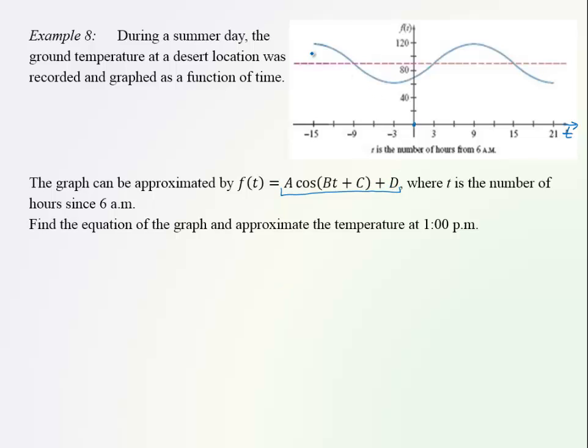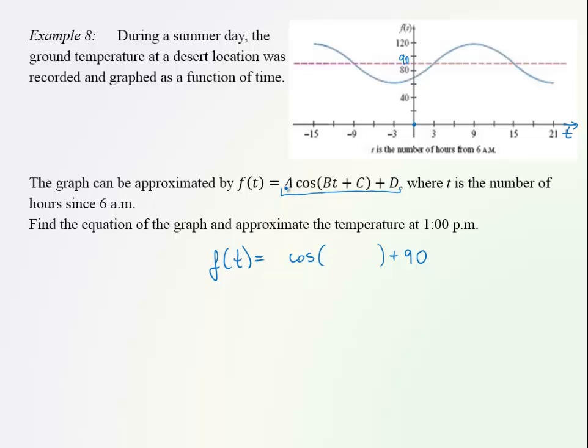Probably D. That's the midline, which looks like it's at 90, because this is 80, that's 100, that's 120, so half away will be 90. Therefore, I know that my future f of t is equal to cosine bracket plus 90.